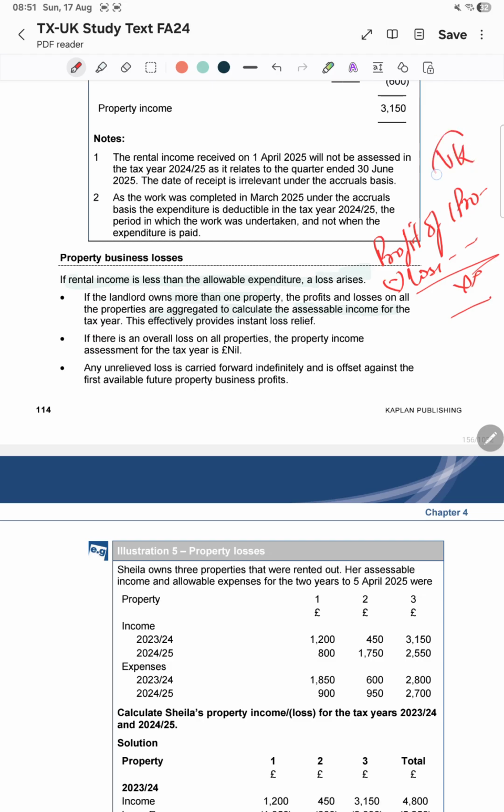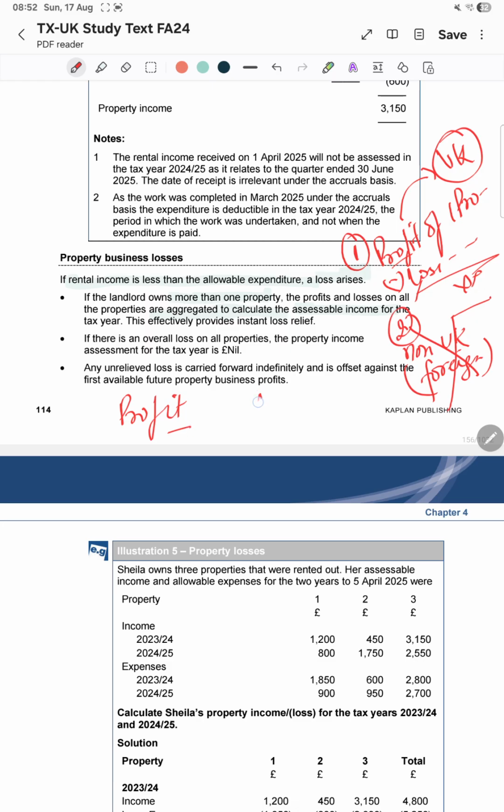But these should be UK properties only. Now, what if one property from where the profit arises is a UK property, but the other property is a non-UK property, which means it's a foreign property? Then setting off the loss is not allowed. And similarly, we saw that profits from UK property and loss from FHLs is also not allowed. The special rules were covered.